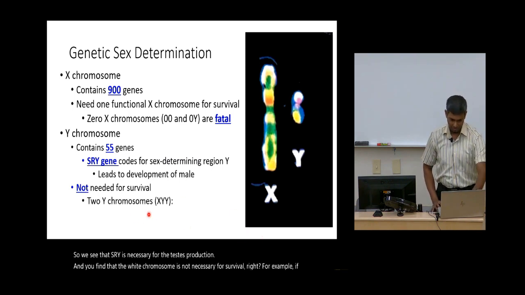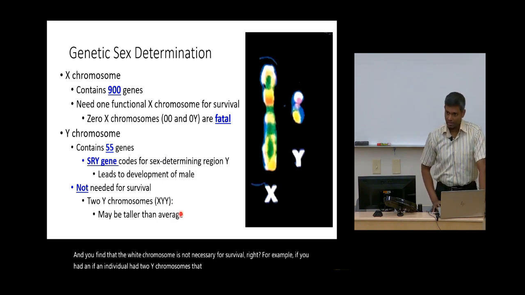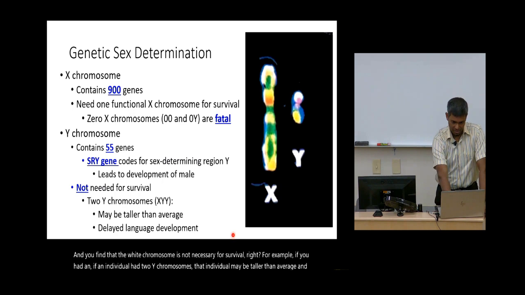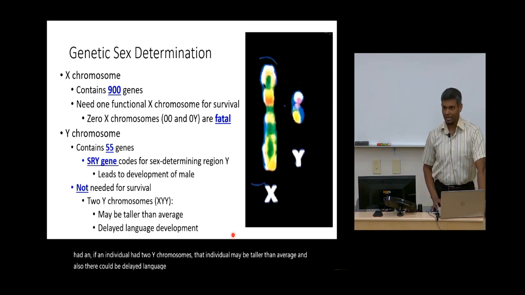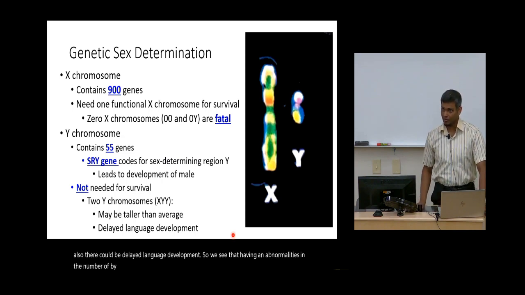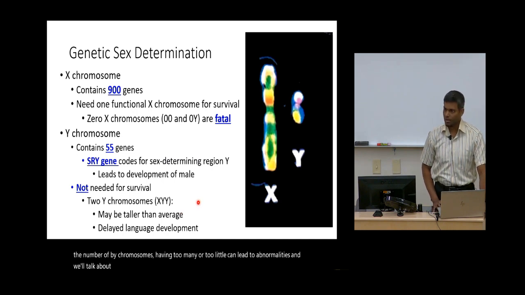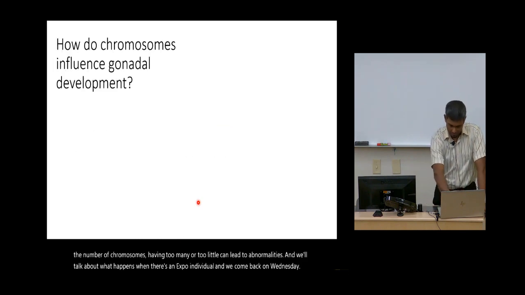For example, if an individual had 2 Y chromosomes, that individual may be taller than average, and also there could be delayed language development. So having abnormalities in the number of Y chromosomes, having too many or too few, can lead to abnormalities. And we'll talk about what happens when there's an XO individual when we come back on Wednesday.